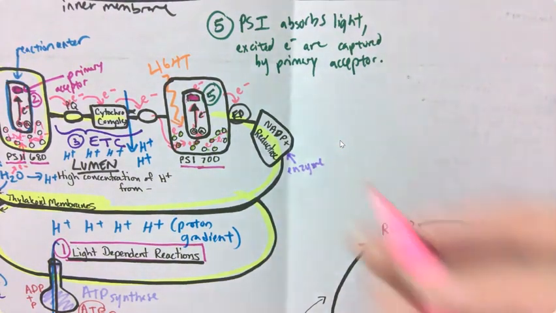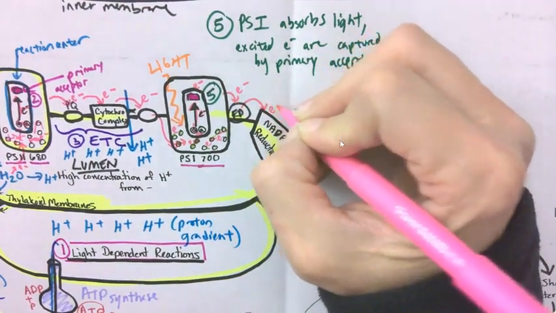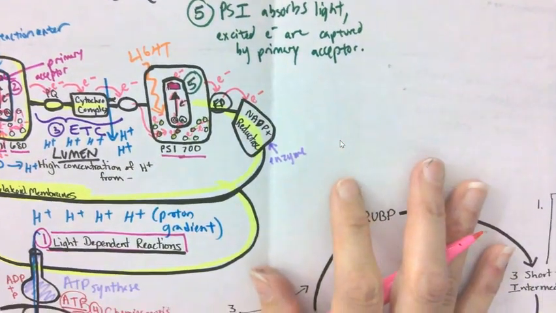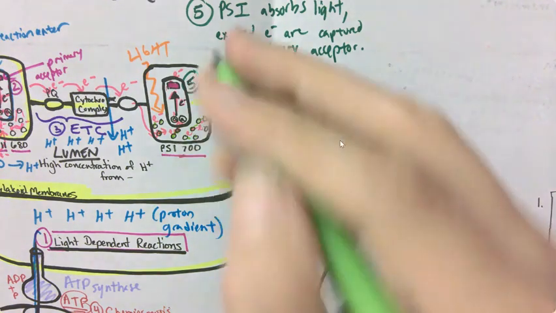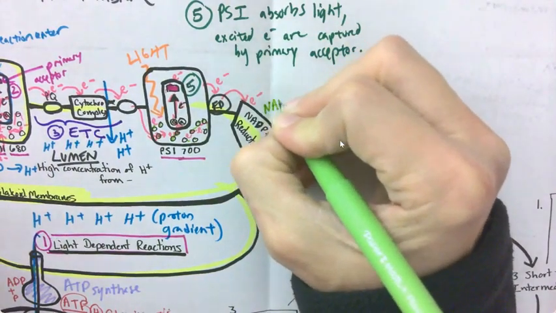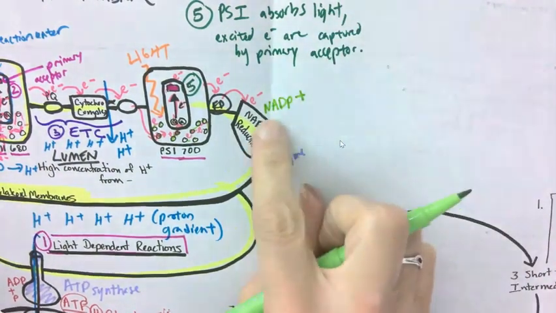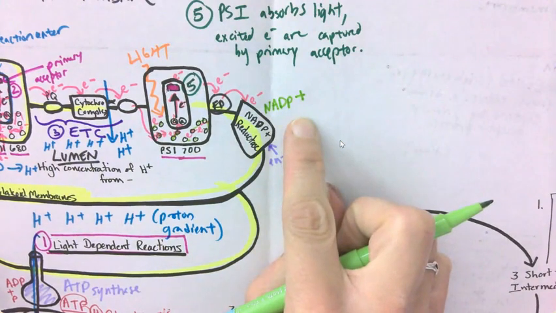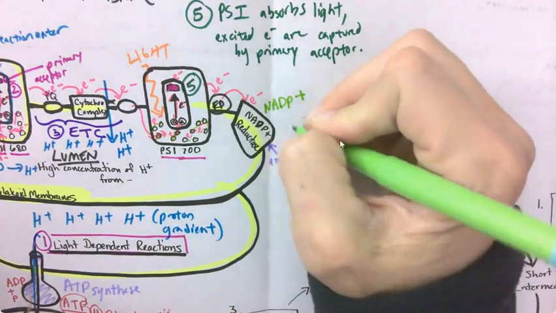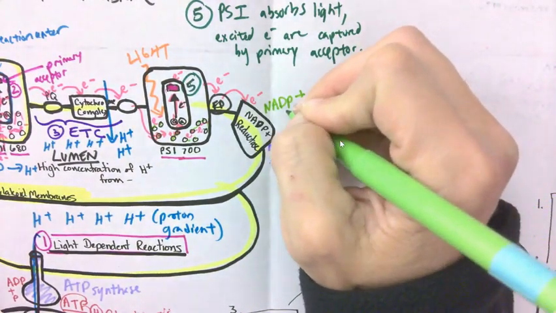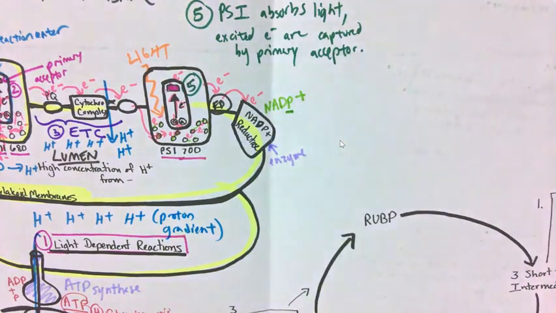When these electrons are passed to NADP reductase, that enzyme comes into contact with another molecule, which we know as NADP plus. NADP plus is the high energy electron carrier in photosynthesis. I always think of NAD as in respiration, NADP, P for photosynthesis, is in photosynthesis. The P doesn't stand for photosynthesis, but it helps me remember it.